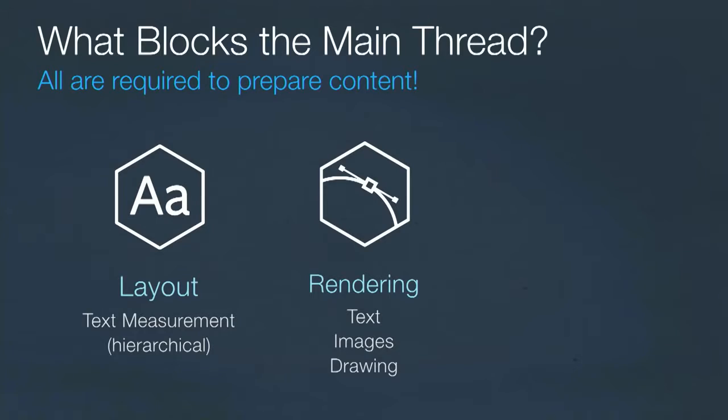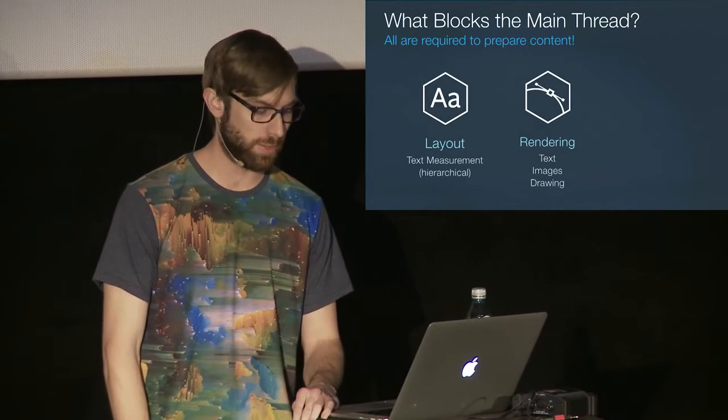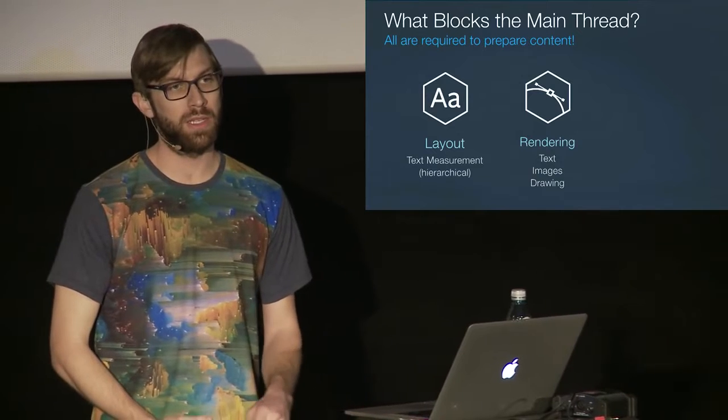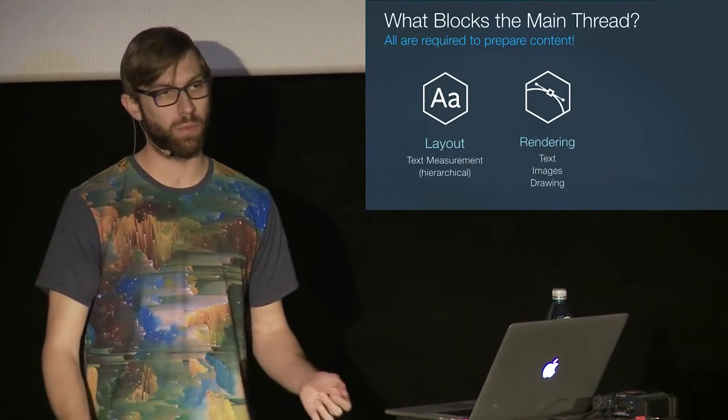Rendering is a broad topic that includes rasterization of text, decoding images, PNGs, and JPEGs, but also arbitrary graphics like shadows and shapes. Note that text in both layout and rendering needs to support many different world languages.